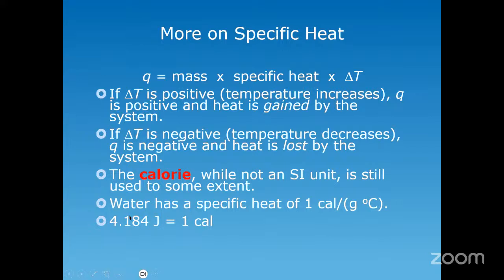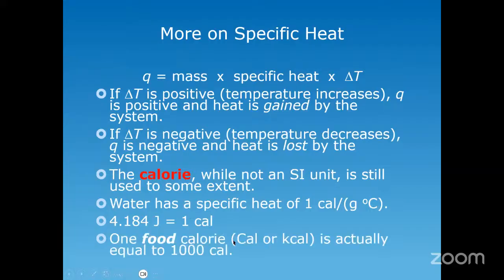Basically, what was decided was that the calorie represents the amount of energy change required to change the temperature of 1 gram of water by 1 degree Celsius. All right. And then there's another unit known as the full calorie, which is Cal, uppercase C, or kilocalorie, which is equal to 1,000 of the calorie that we mentioned here before. All right. So those are just some other units of energy.